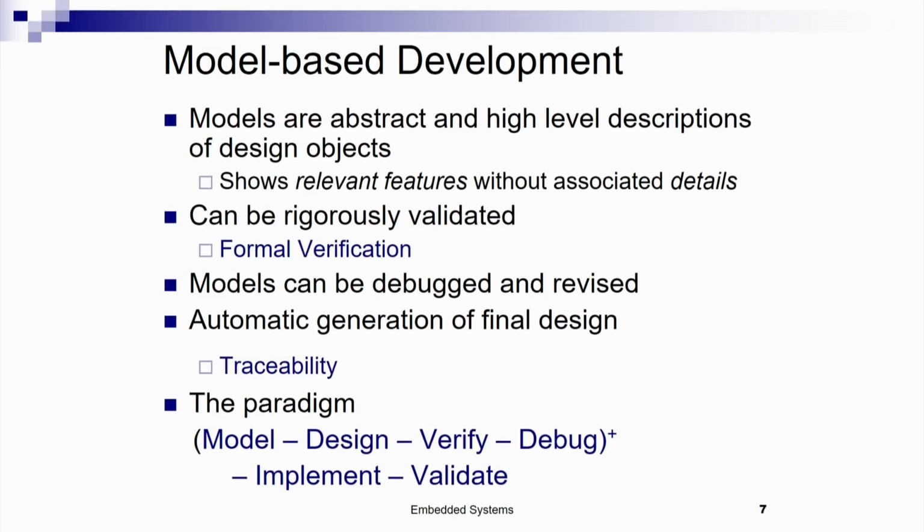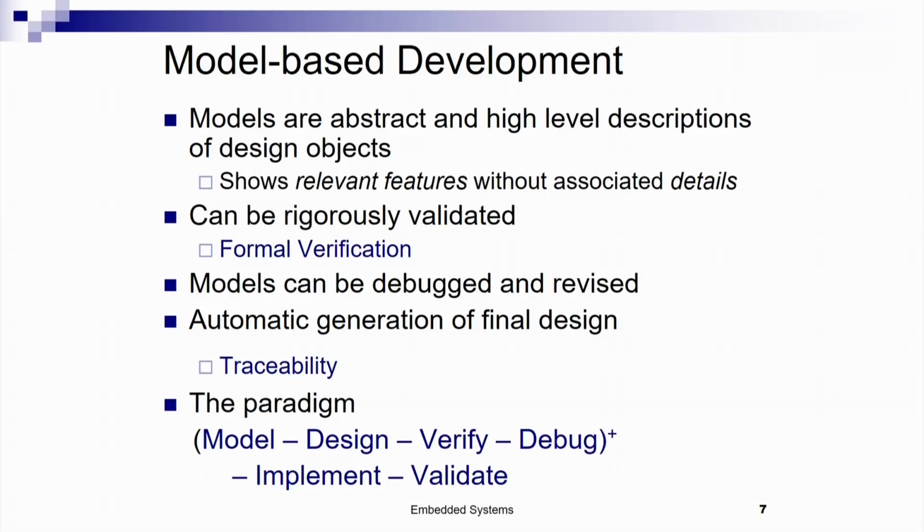It does not model the actual car parking system. However, it is a finite state machine model which has relevant features to model the embedded computing system that we want to design, a program that keeps account at any point in time of the number of cars. Therefore, models show relevant features without associated details.